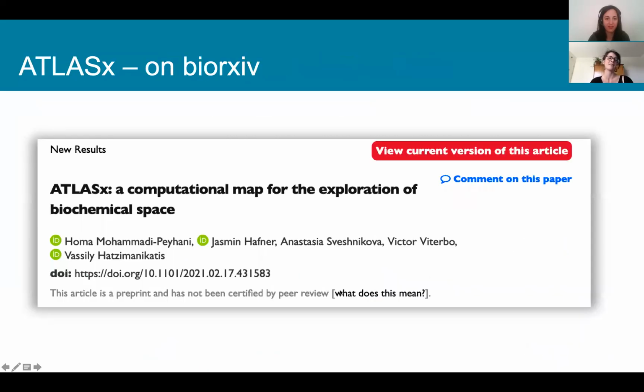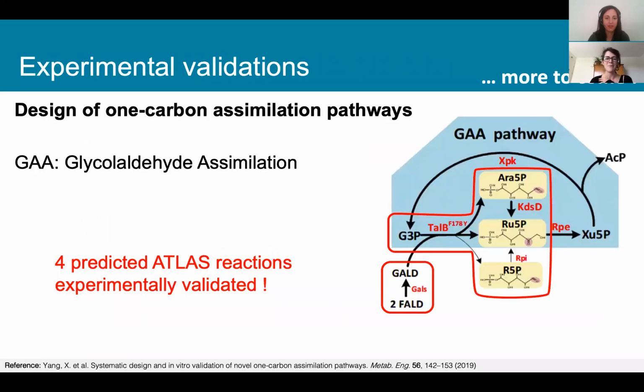Yes, so the ATLAS-X paper is currently on bioRxiv, if anyone's interested in having a look at that. Also, a little bit more about experimental validation that came from outside.